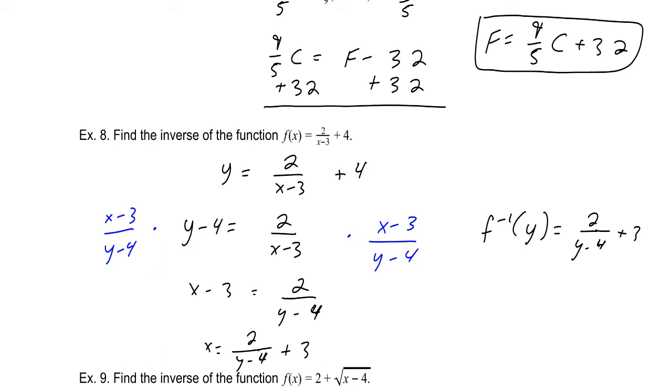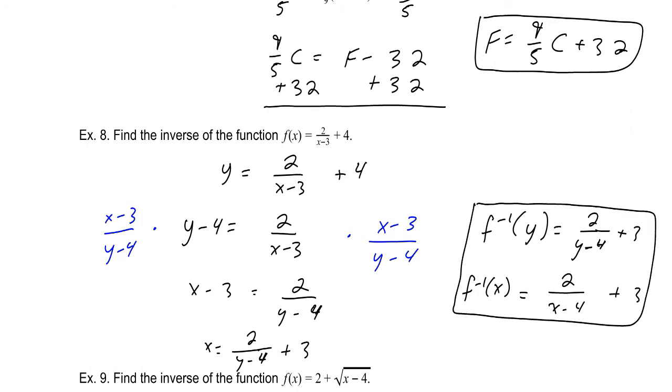Or we can write this as f inverse of x. This is just a change of variable. Either of those are acceptable. I prefer the first, but often we use the second so that we can graph them on the same coordinate axes.